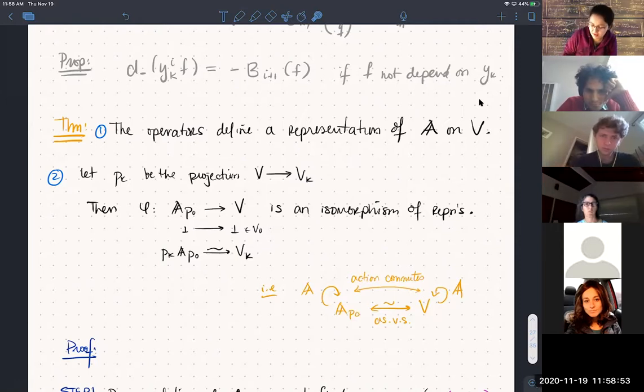And under this isomorphism of representations, if you take the elements of this vector space and hit them with a projection onto the kth level, then you actually get precisely the kth level. So it behaves nicely.